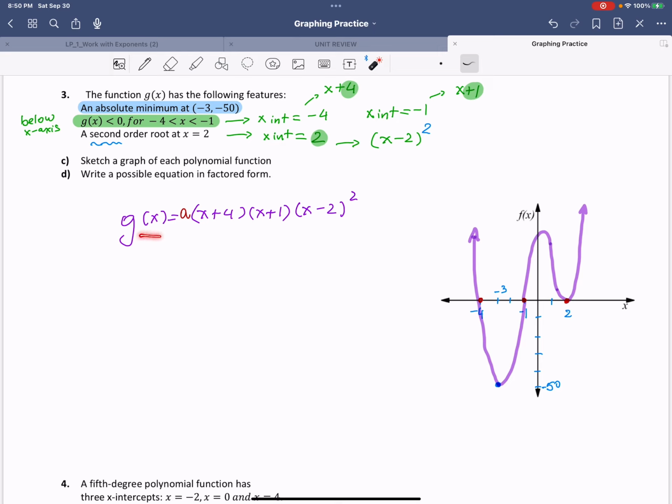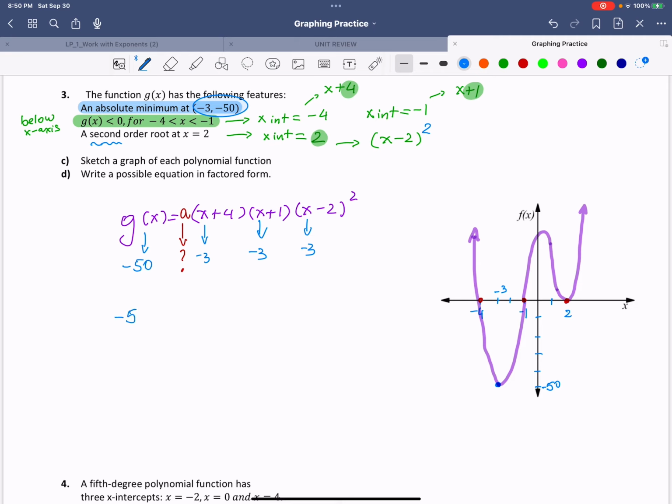Long story short, here is our equation, and our mission now is to find the coefficient a. The way we're going to do this is by using this beautiful little point here, (-3, -50). So x now is -3, and when that happens, the y value will be -50.